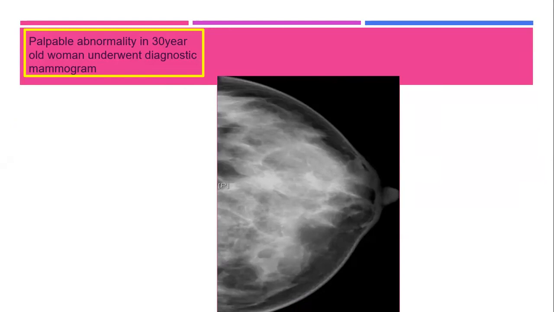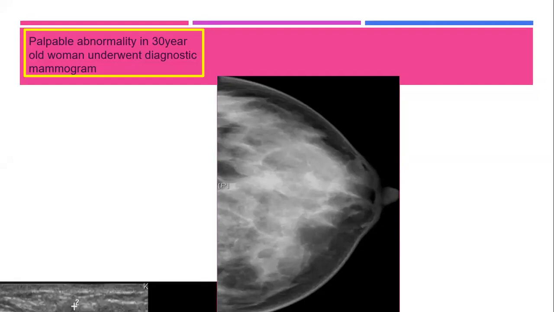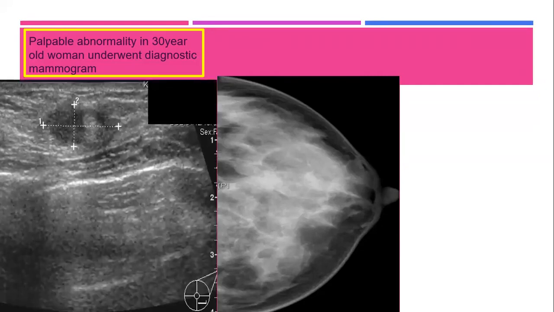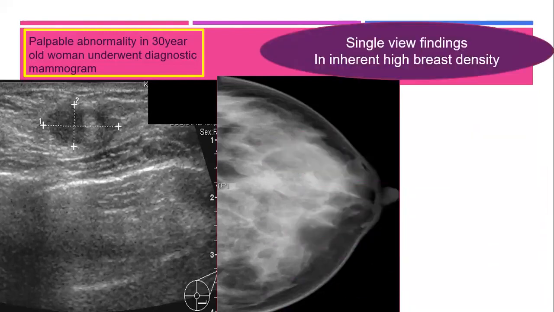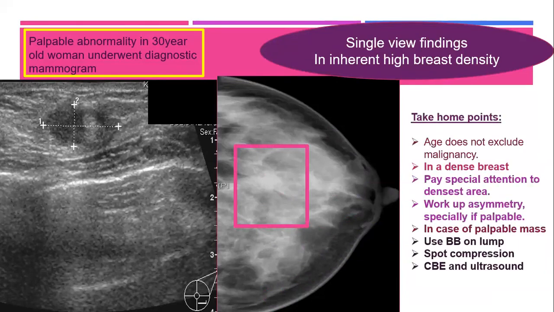There is asymmetry seen only on the CC view, could not be appreciated in the other. So for this single view asymmetry we did an ultrasound and it demonstrated an indistinct heterogeneous mass, which was invasive ductal cancer. So this is a single view finding as well as inherent high breast density. See, that is a lesion here. So a single view finding does not exclude malignancy.